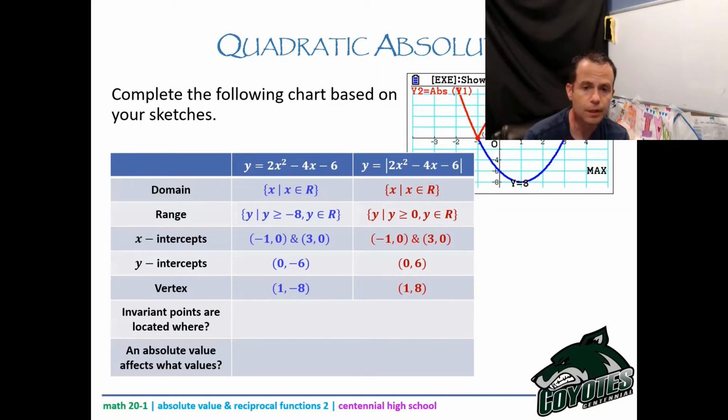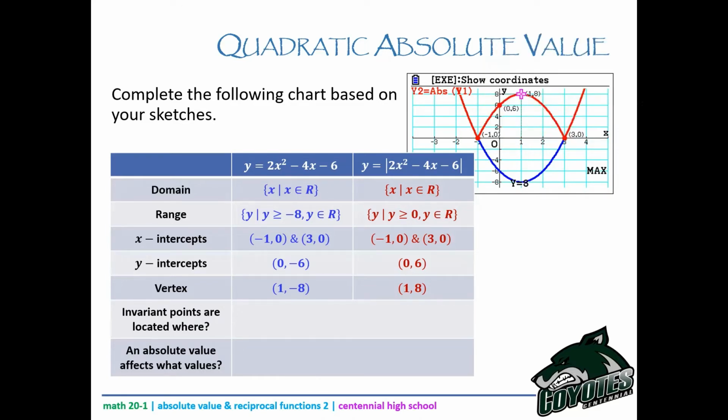Okay. Now, invariant points are located where? An invariant point is a point that remains unaltered in a transformation. So when we perform some sort of transformation, it's a point that doesn't change. I'm going to hide myself for a second because I want to really make sure you can see this well. There are an infinite amount of invariant points in this graph, and they are all along the overlapping regions.